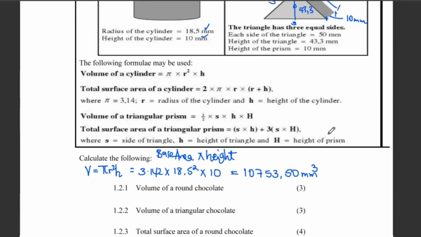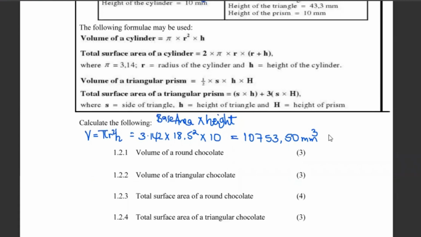So let's go. Volume of the triangular prism, look at what they're telling you. Remember I told you base area times the height. When you look at it critically, it will be the same. Anyway, volume of a triangular prism will be half times S, which is this one side, we said it's 50 millimeters, times the height of the triangle, which is 43, then times the height of the prism, which is 10.